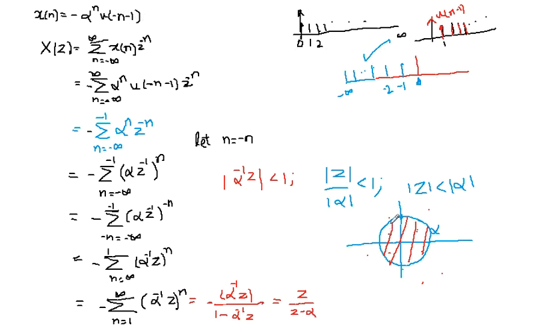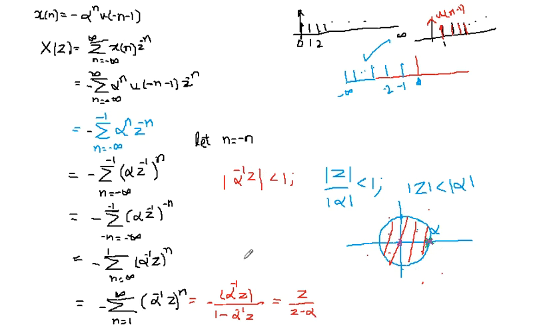So for this, ROC is inside the circle. And if we represent the poles and zeros, there is a pole over here at alpha, and there is a 0 at the origin. So it is a perfect circle.